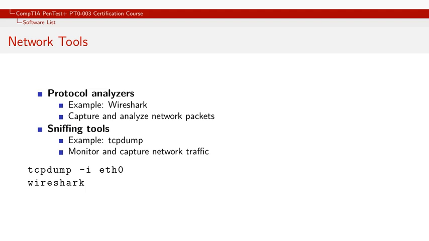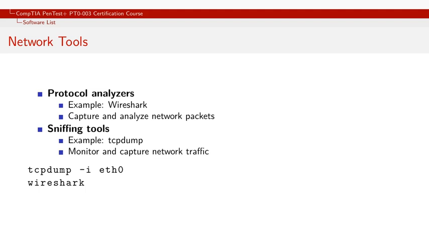Let's move on to network tools in the context of our software list for the CompTIA PenTest Plus PT0-003 certification course. Network tools are essential for capturing and analyzing network packets. One such tool is Wireshark, a widely used protocol analyzer that allows you to see the details within network packets.